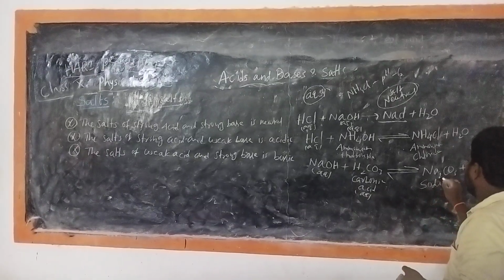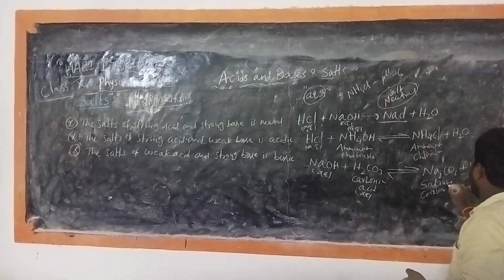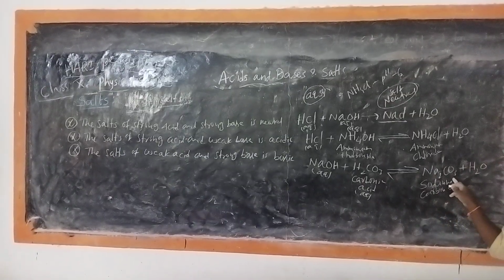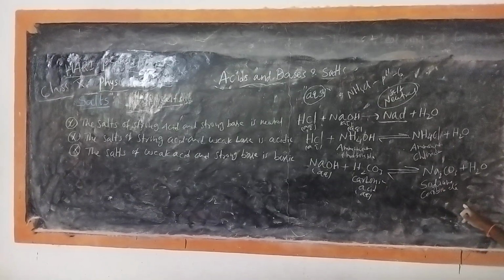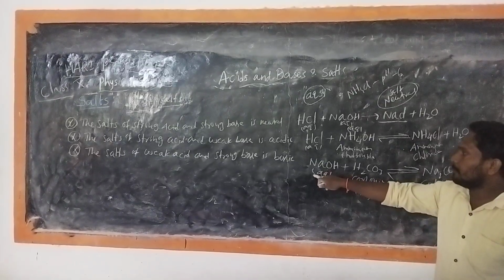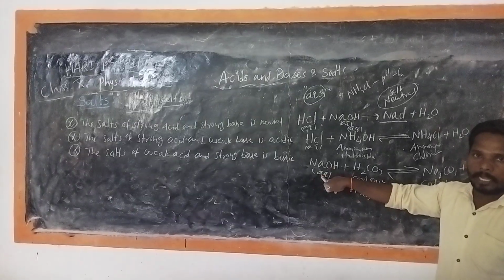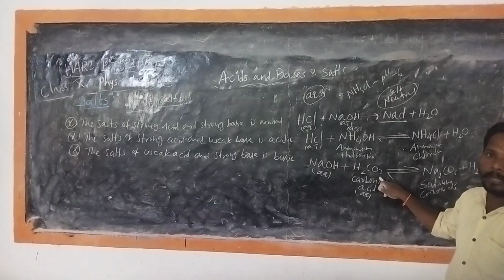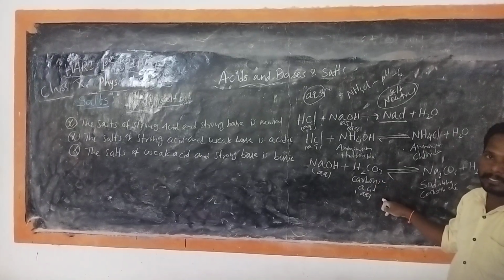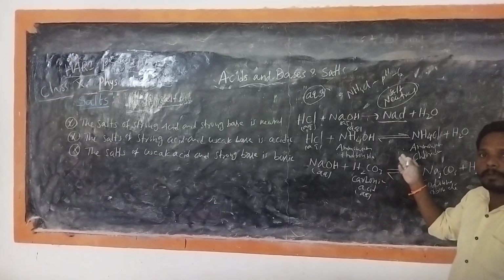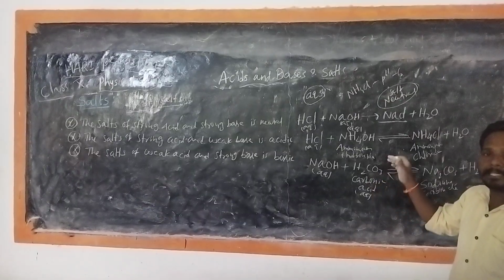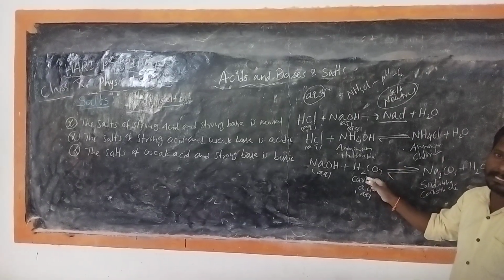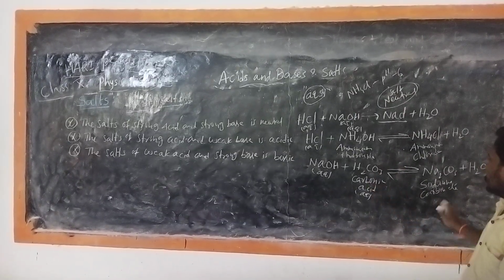Sodium carbonate is a salt, but it has a basic nature because it is obtained from a strong base like sodium hydroxide and a weak acid, carbonic acid. Or if you take acetic acid, it also produces a similar result.